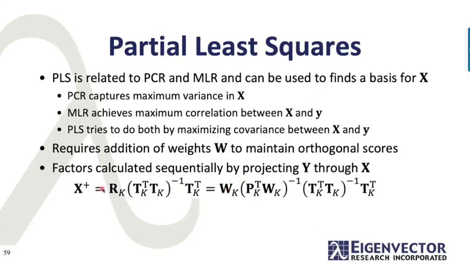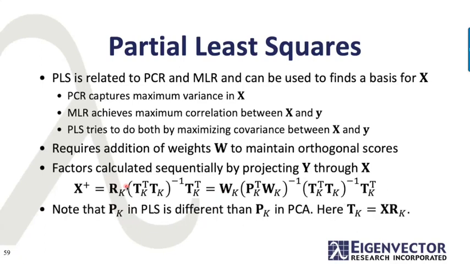You can lump this stuff together and just call it R if you want. It's important to note here that these loadings are not the same loadings as you get in PCA, and thus these scores are not the same scores that you get in PCA either. These scores are rotated to be more correlated with the property of interest than the ones that you get from doing principal components regression.